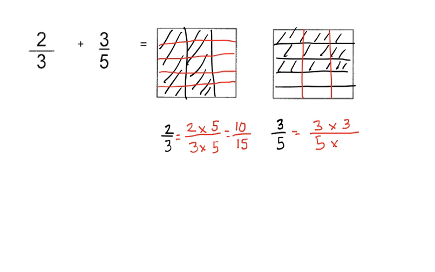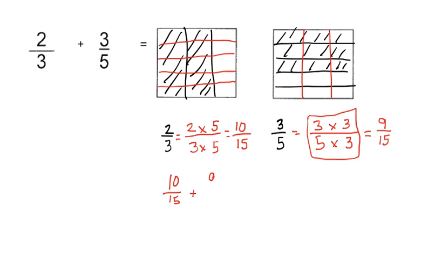Instead of having 5 pieces that made up my whole, I now have 15 pieces. So 3/5 is now the same as 9/15. And again, we multiplied the numerator and the denominator by 3 when we drew our thirds on top of our fifths.